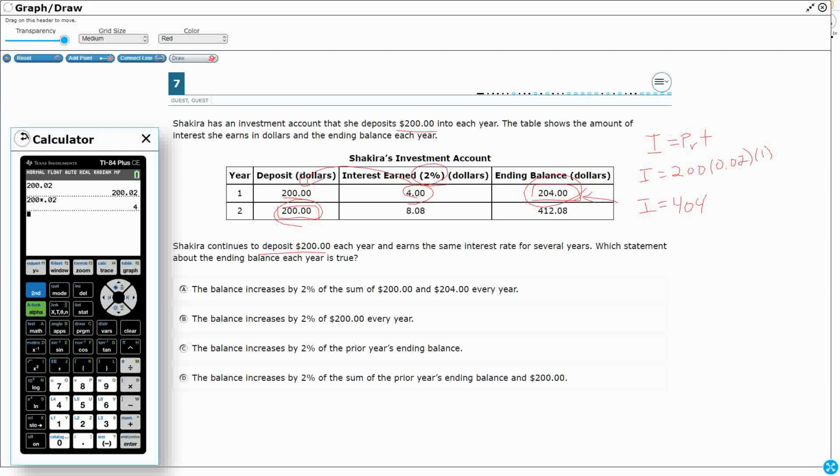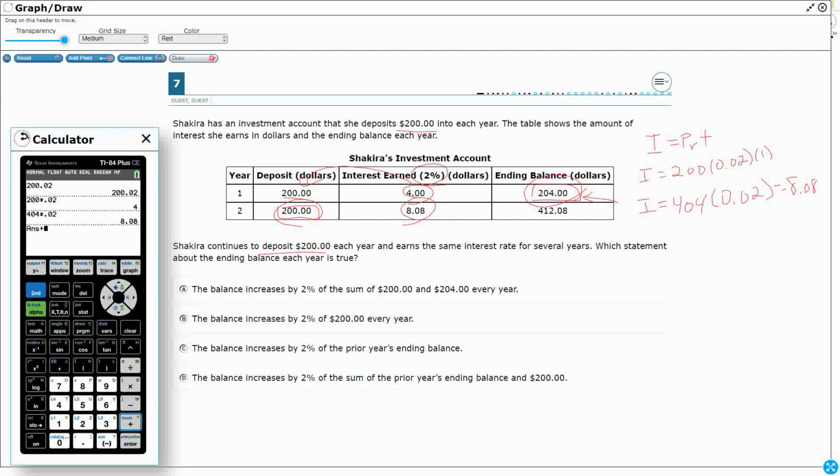So it's going to be that 404 times 0.02. That's where you get your 8.08, which now you have to add, and it's just 1 year, so we don't need to multiply that by the 1.